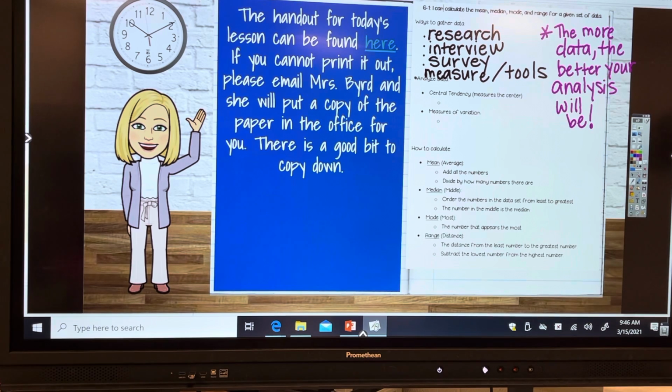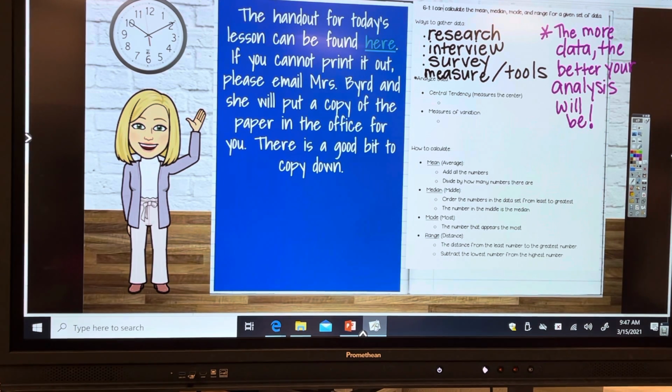If I only measure 2 people in this class and I say, oh, well, the average height in Miss Bird's second period math class is 5 feet, is that really a good thing? No, why not? Because different people are different heights. Yep, I only measured how many people? 2.